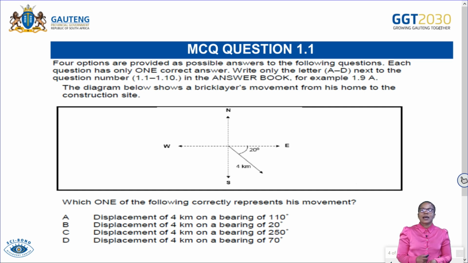Write only letter A to D next to the question number 1.1 to 1.10 in the answer book. For example, 1.9a. So most people make a mistake of writing the whole statement that is there. For example, if you are choosing an A, another person will not write A, but instead write the whole information that is there on point number A, which is wrong.